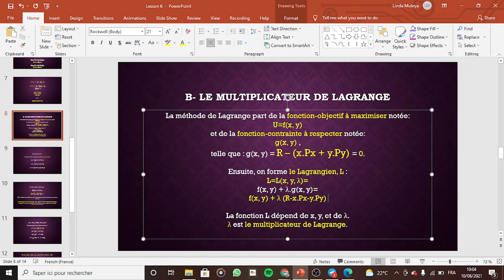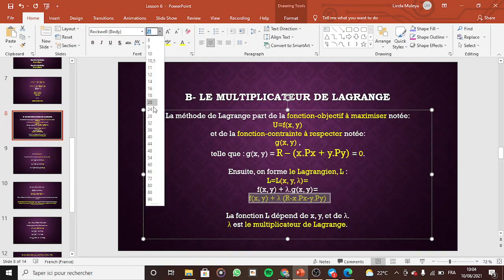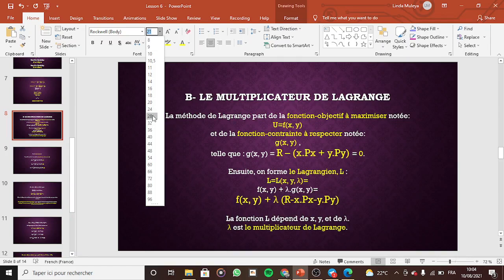Once you break that part down, you have f of x and y plus Lagrange multiplied by what we saw here, R minus R, which is the same as R minus x times price of x plus y times price of y. So this last formula here is what I want you to take note of. This is your final formula for Lagrange.